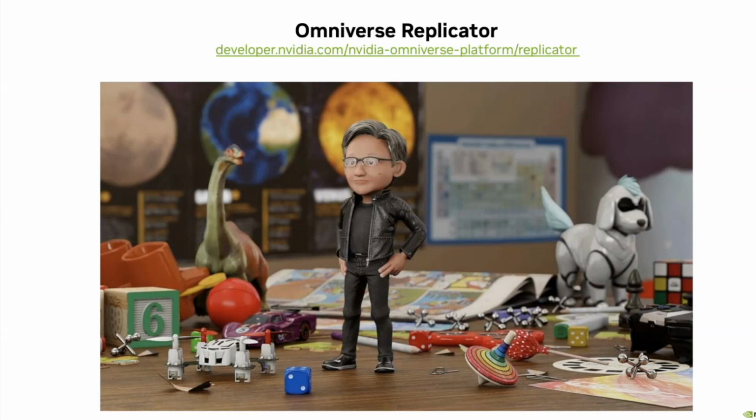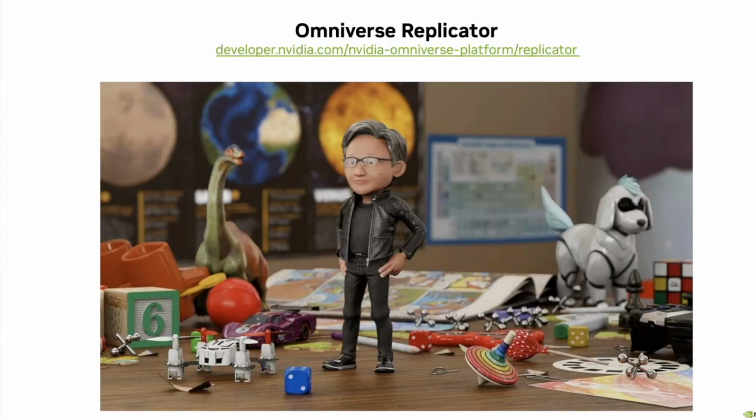Basically, Replicator encapsulates technologies like USD, programmability, and domain randomization in order to create photorealistic scenes like the one in this picture by bringing your virtual 3D assets into this virtual world.